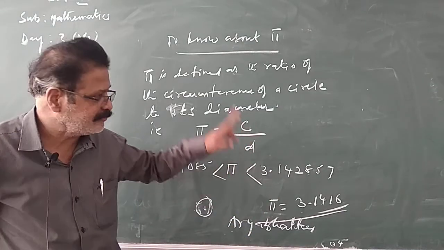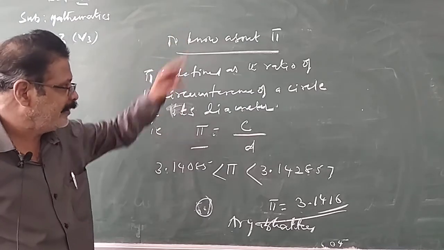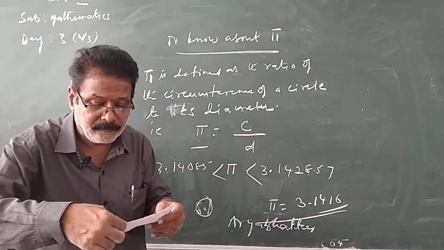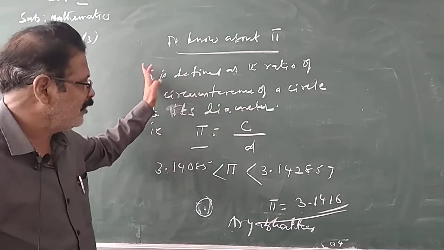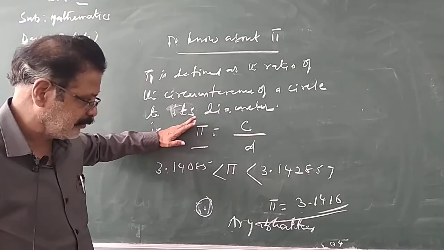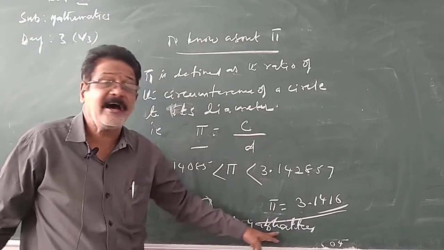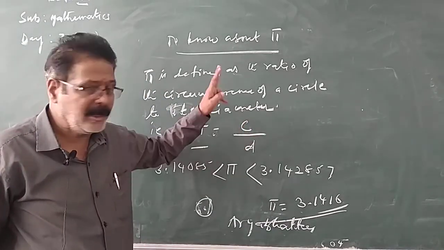Who found the first value of pi? The first Greek mathematician, Archimedes. The pi value was first discovered by Archimedes.